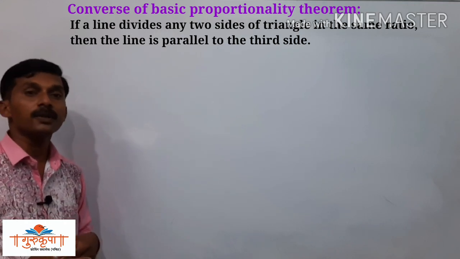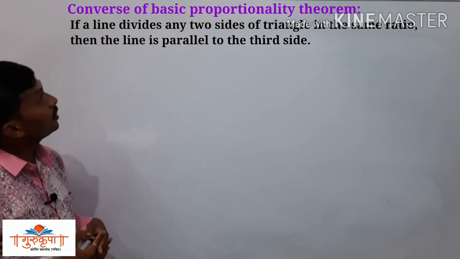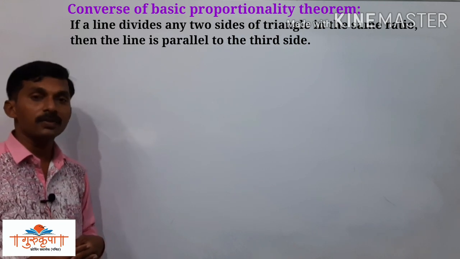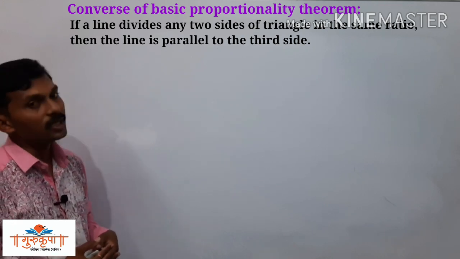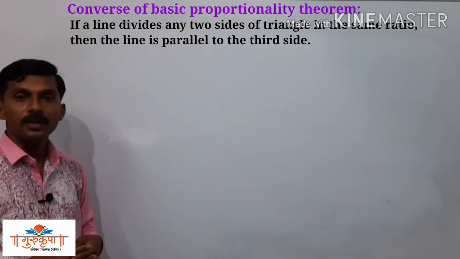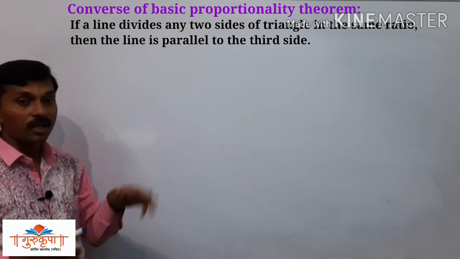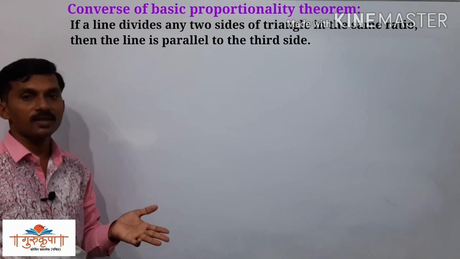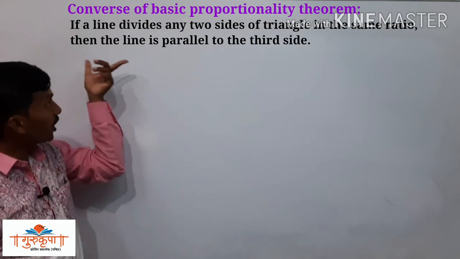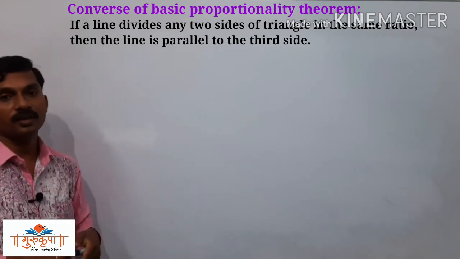That is the statement of the converse of basic proportionality theorem, or you can say it as converse of Thales theorem. If a line divides the two sides of the triangle proportionally, then that line is parallel to the third side.